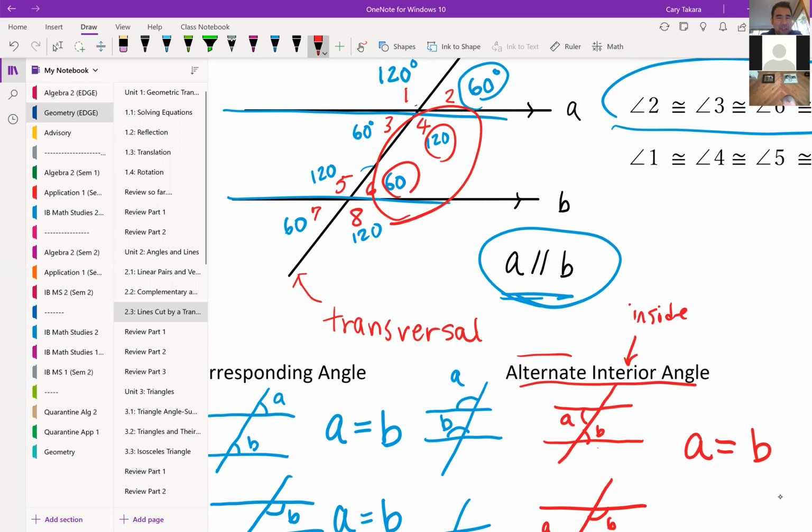And they are not equal to each other. But what can you say about 120 and 60? Aren't they supplementary? If you add them together, won't they become 180 degrees? Yeah.